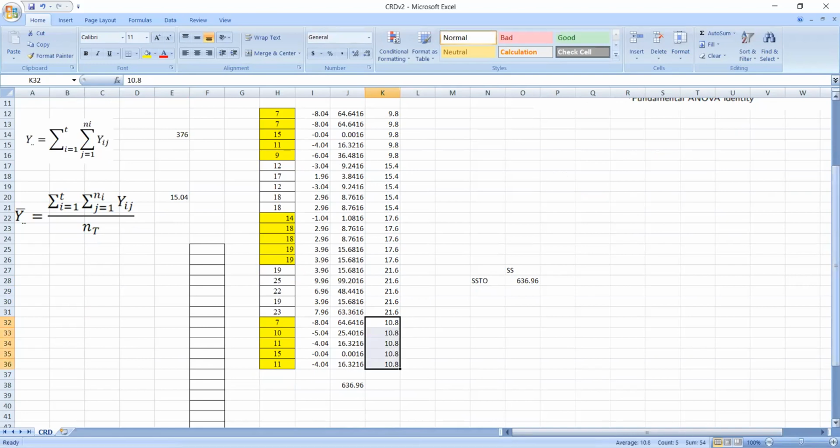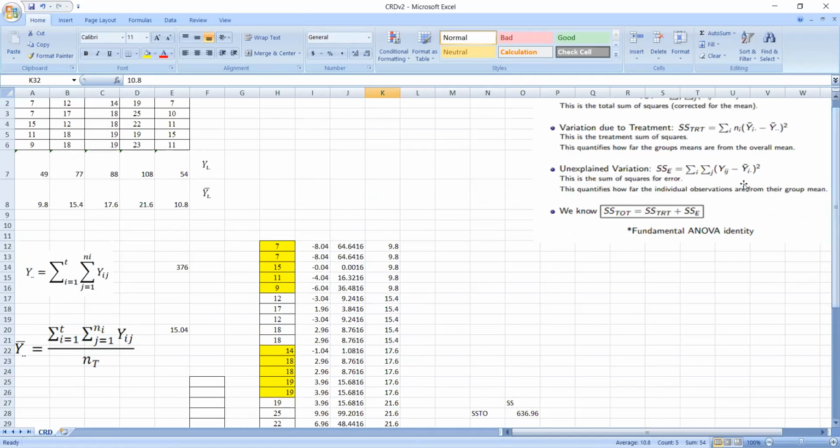Okay, so now we have to take the difference between Yij and this treatment mean. So Yij is this, minus this treatment mean. And then you take this difference, and then you take the squared value of this difference.